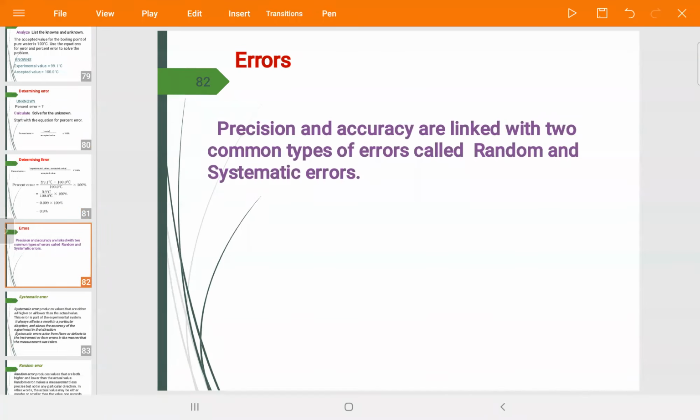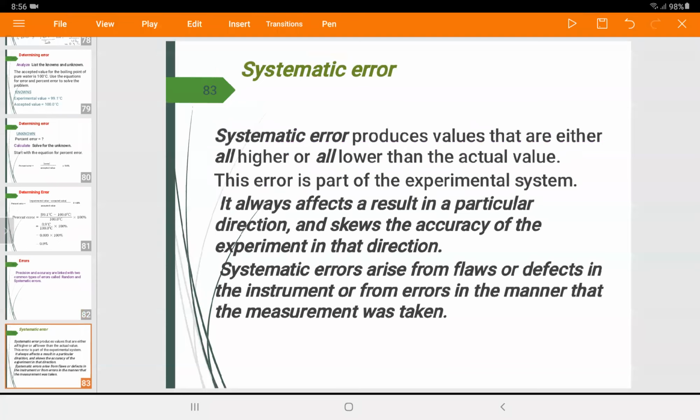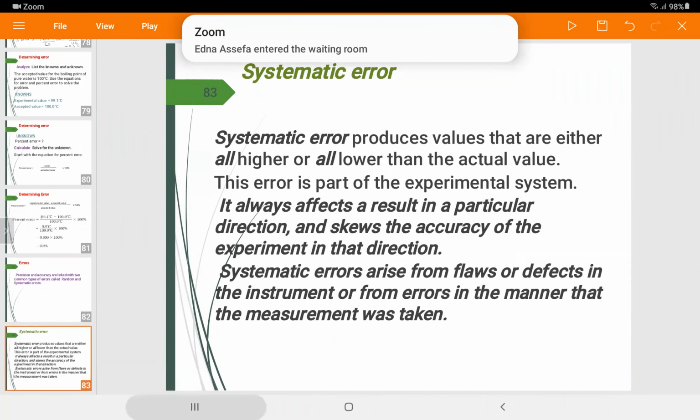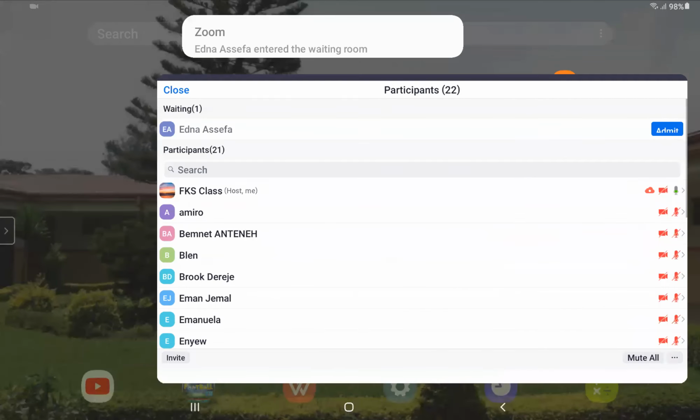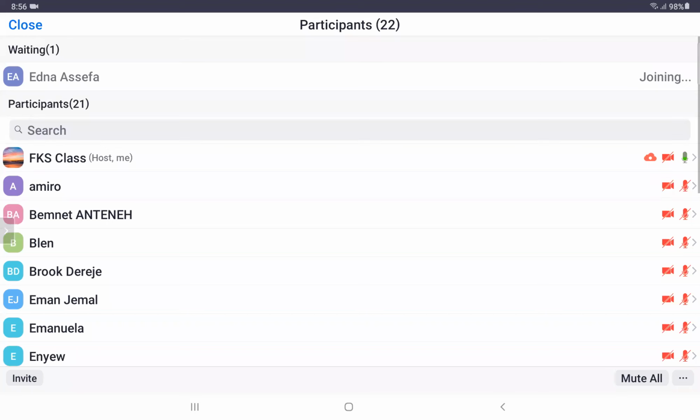All right. So there are two types of errors that are related to precision and accuracy: random error and systematic error. Now, let's see what these two terms refer to.